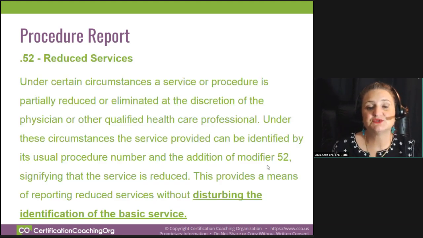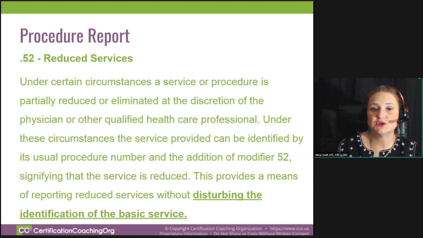So 52 is reduced services, and look at this line, the last line that I underlined. It says if we have a problem, you reduce the services without disturbing the identification of the basic service. So in other words, we don't want to mess up the statistics.